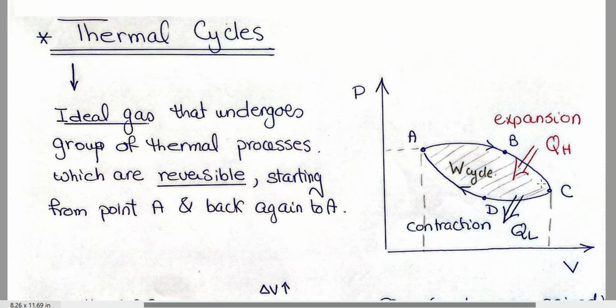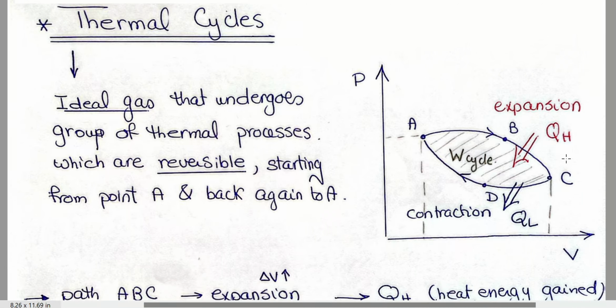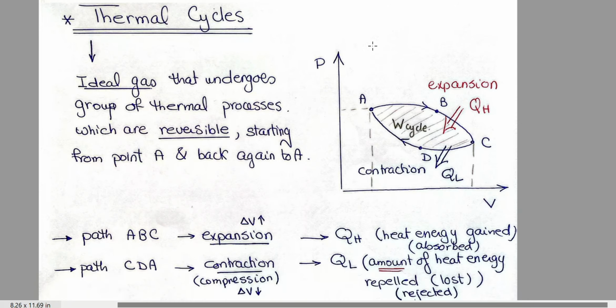If the volume is increasing, the gas needs to absorb an amount of heat. This amount of heat, we will denote by QH. So QH is the amount of heat energy absorbed by the gas during expansion.